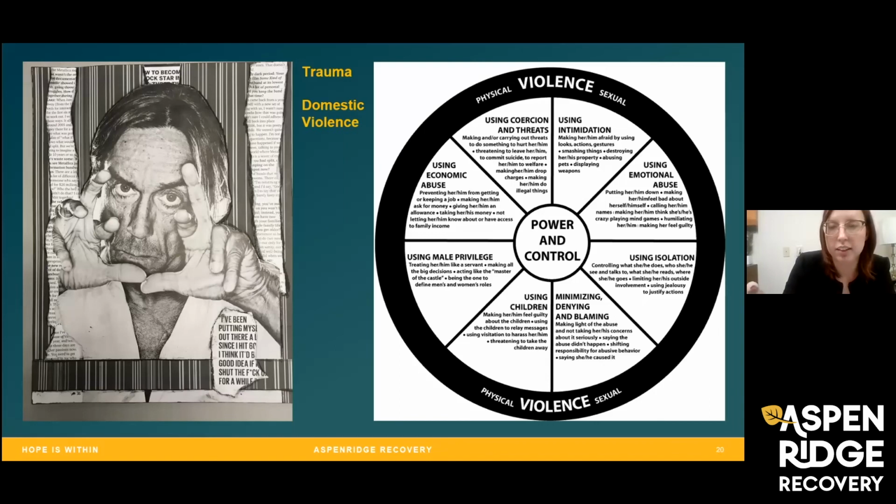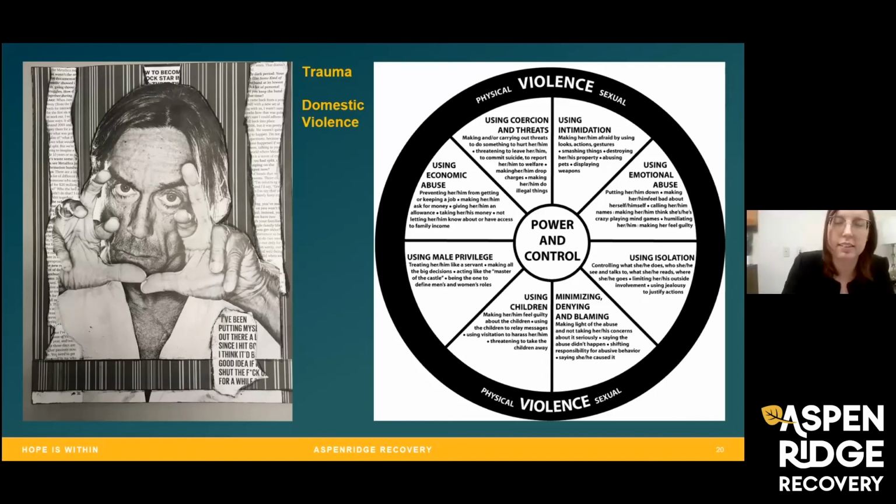One way of doing that is using the power and control wheel. This is to give language to domestic violence and to hopefully validate what their experience was. This whole conversation was really heavy.